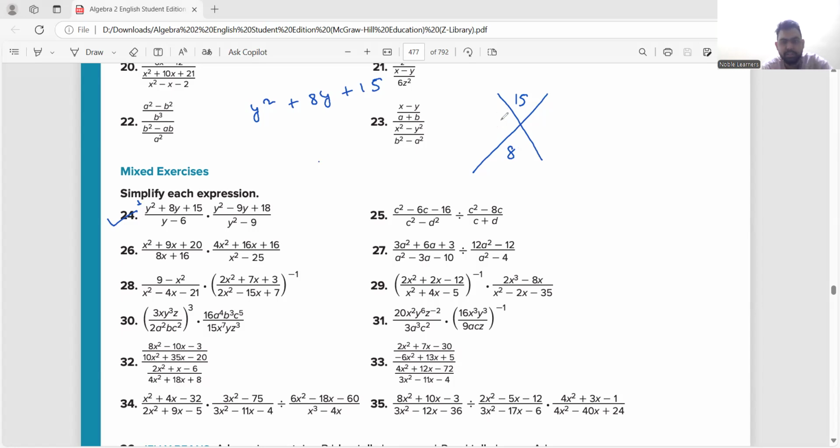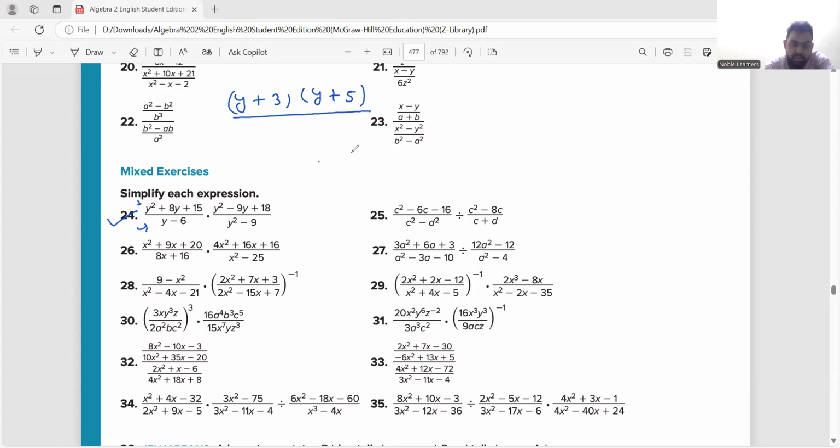So you should write 5 and 3, correct? And therefore you will write y plus 3, y plus 5. Can we factor the denominator over there? No. So that is y minus 6 as it is.